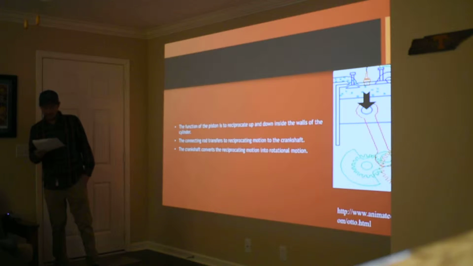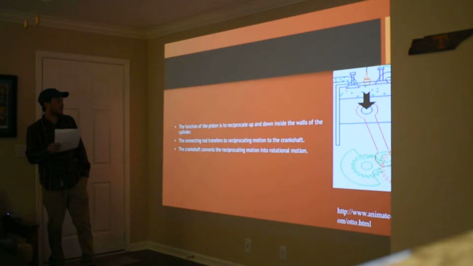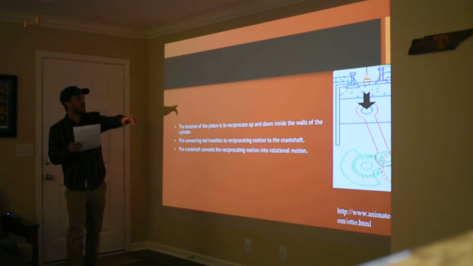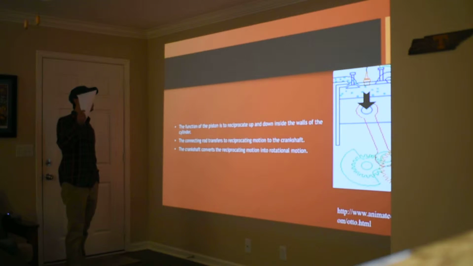Now let's look at some of the components of the four-cycle engine from Otto's cycle. The key components that we'll look at are the crankshaft, connecting rod, piston, the intake and exhaust valves, and the spark plugs. So in this picture you can see in the blue over here, that's your piston, and it's reciprocating up and down.